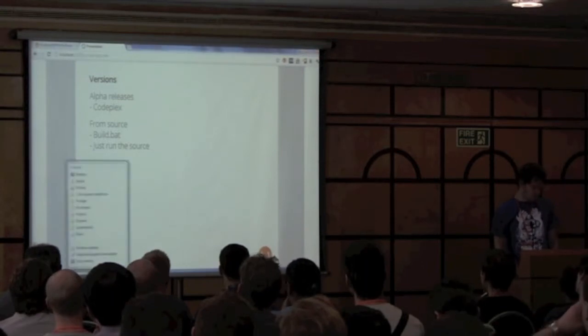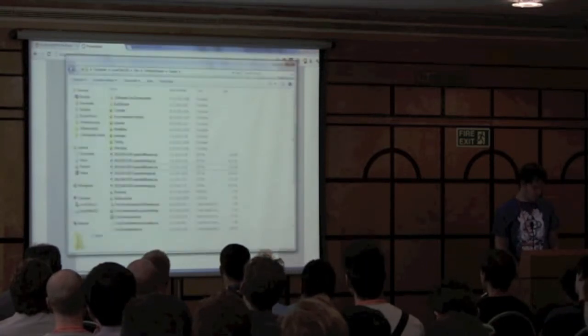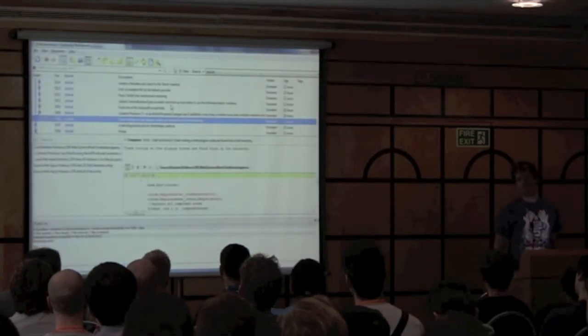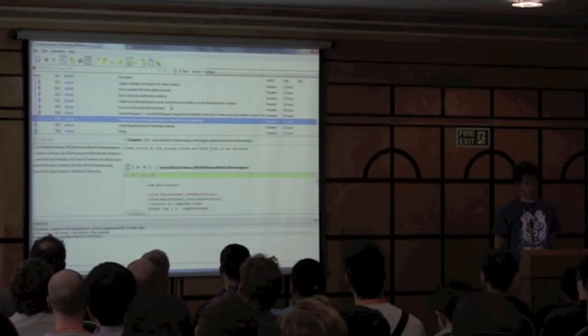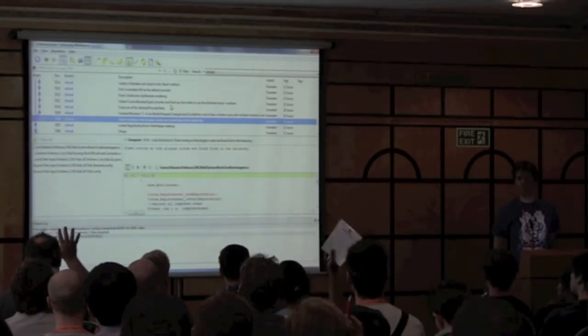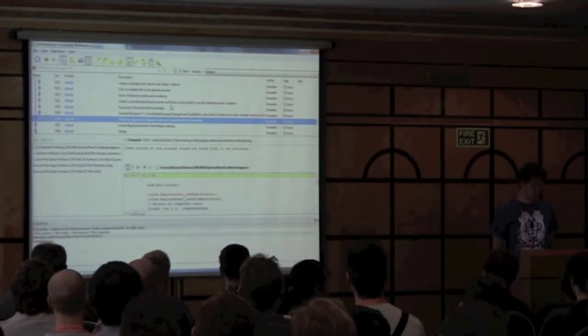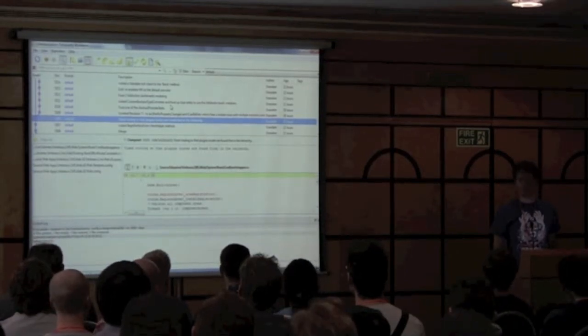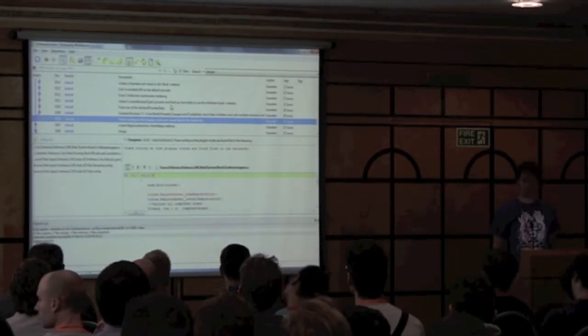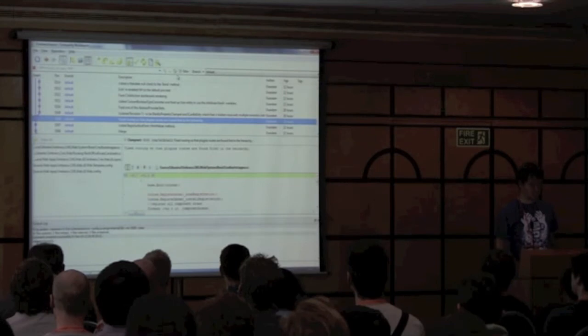But if you want to be really cool, then you do as I do. I don't know if everybody is familiar with Mercurial yet. Who is familiar with Mercurial? Okay, so half. I won't try to explain it because it's quite difficult. But you can get up and running pretty easily by just doing a clone.